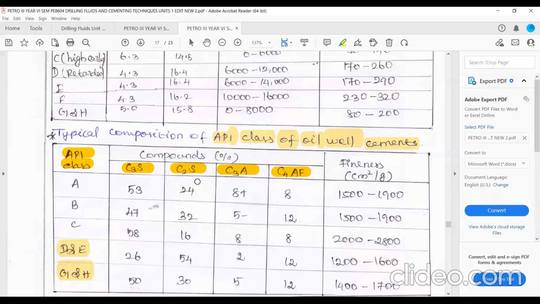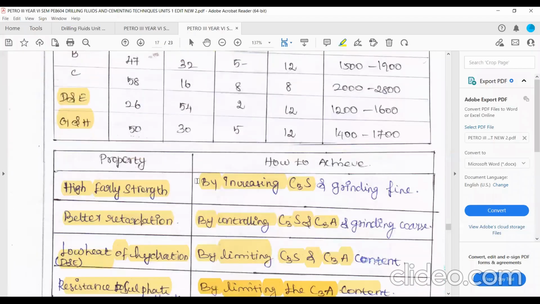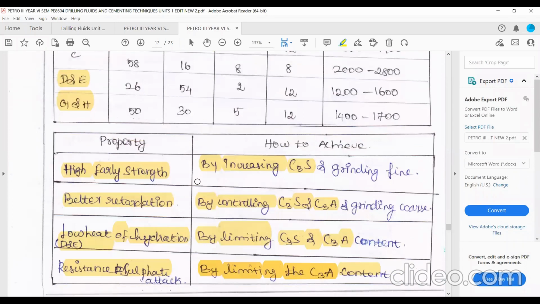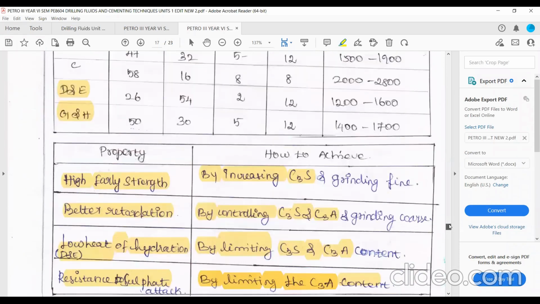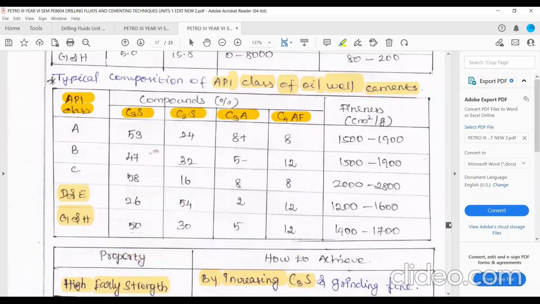American Petroleum Institute. High early strength by increasing the C3S and grinding fine. Better retardation by controlling the C3S and C3A. Explain all this to you. Low heat of hydration, that is D and E, is achieved by limiting the C3S and C3A. You can see here in the same table also, C3S and C3A.